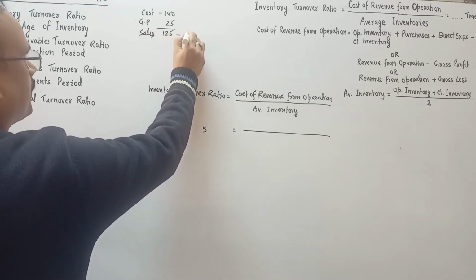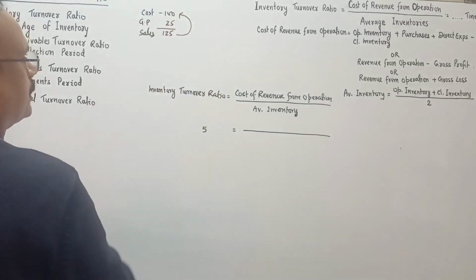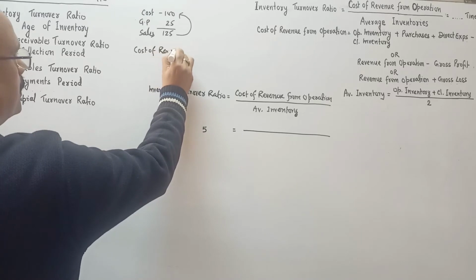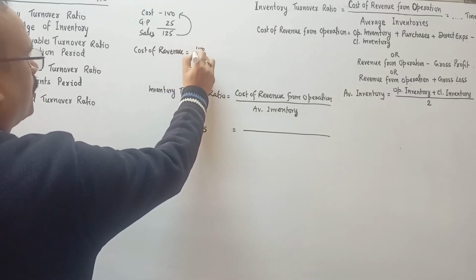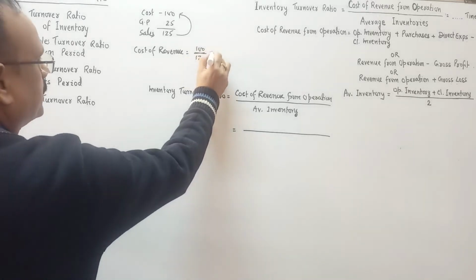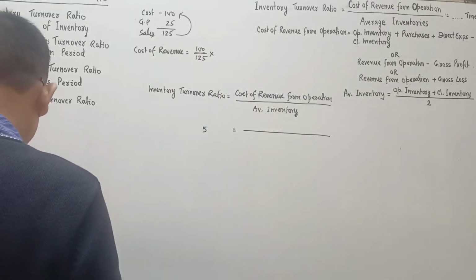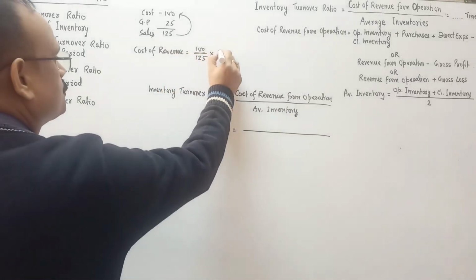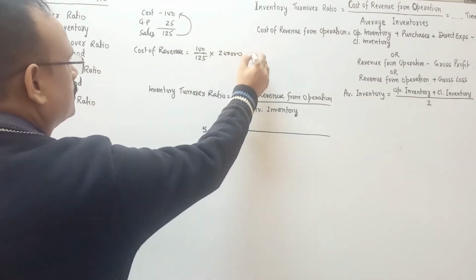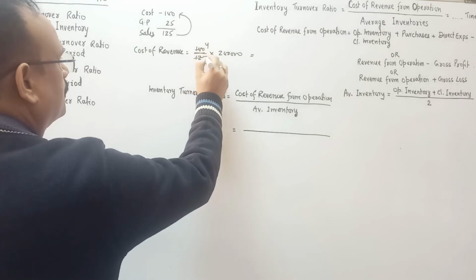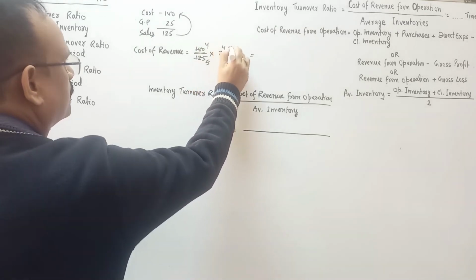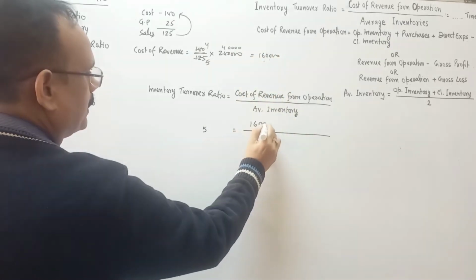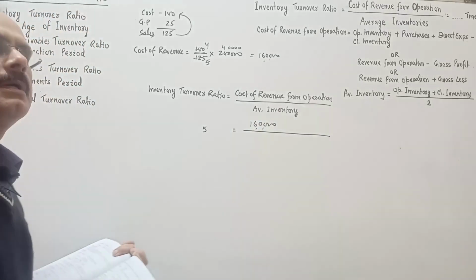So when sales is 125, your cost is 100. So cost of revenue is equal to 100 upon 125 times revenue from operation, which is all credit, 2 lakhs. So 1,60,000 is the cost of revenue.